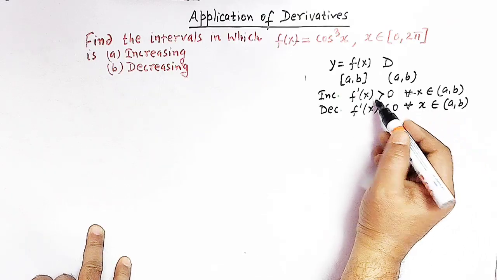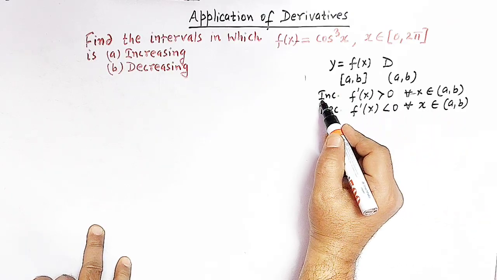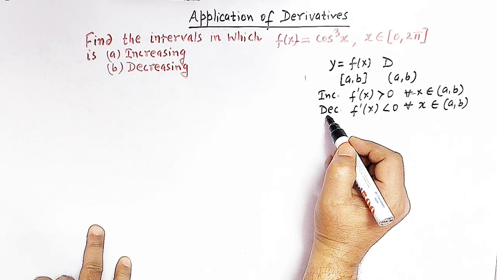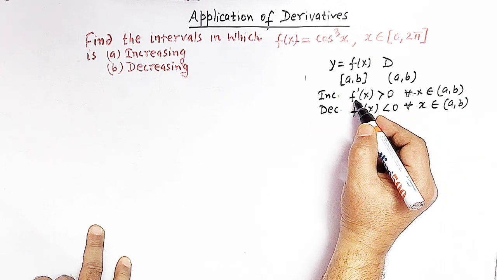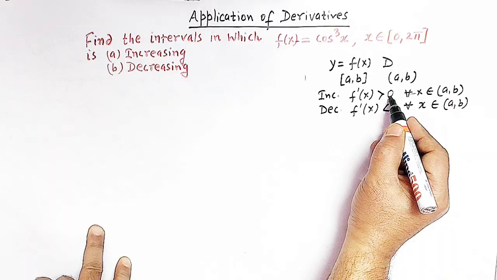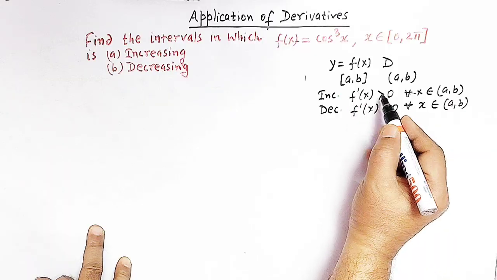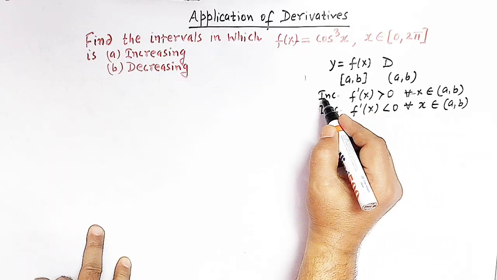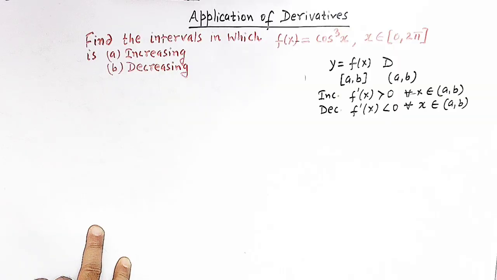So these are the definitions of increasing function and decreasing function in terms of derivative. So when the derivative is positive, that is f prime of x is greater than 0, then the function is said to be increasing.